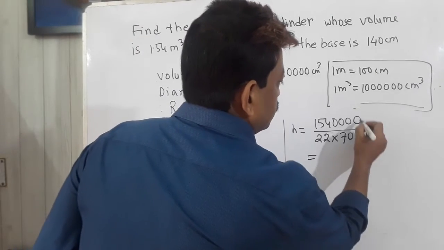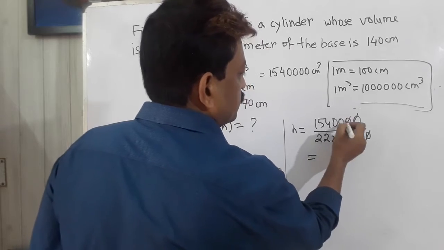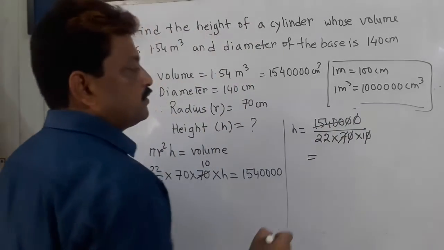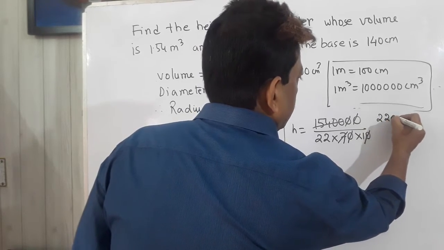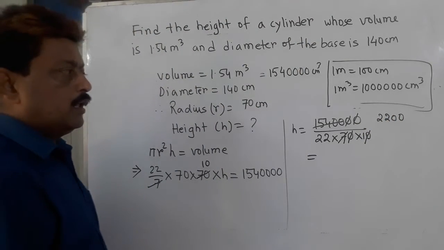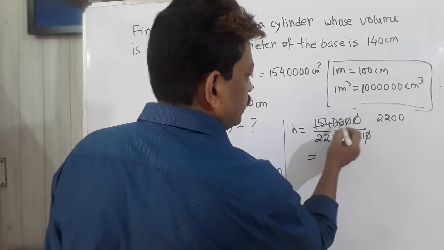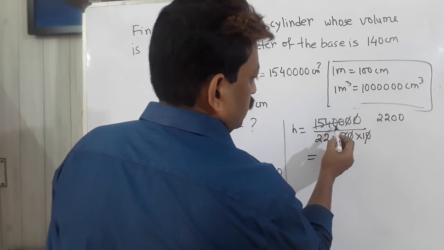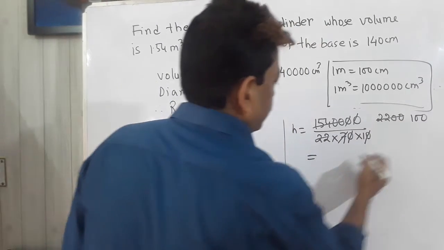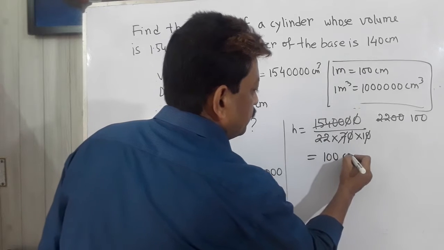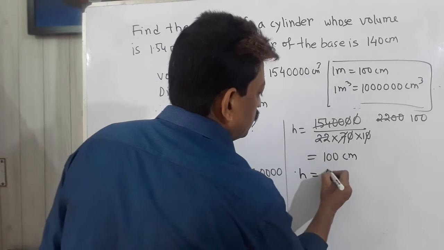Therefore, 1 zero cancelled, one more zero cancelled, 7 times 154 is 22, then 2 zeros, and then 22 times 100 is 2200. That is, h equals 100 centimeter, or we can say h is equal to 1 meter.